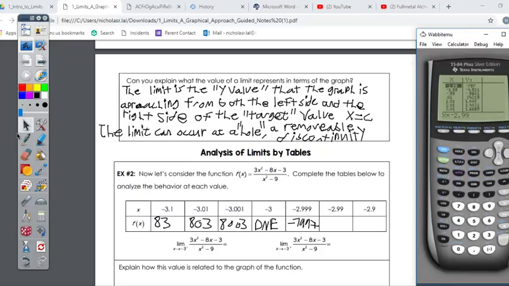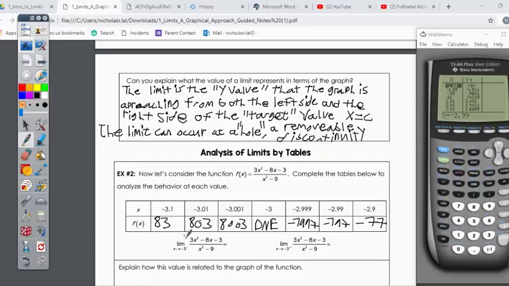It's going to be negative 797. And hopefully you're seeing the pattern here. This would be negative 77. And so you see, if you really look back at the graph at the beginning of the first page, what's happening as you're approaching negative 3 from the left and the right.